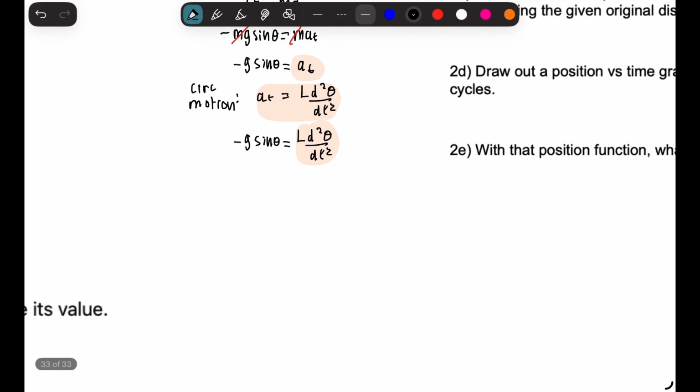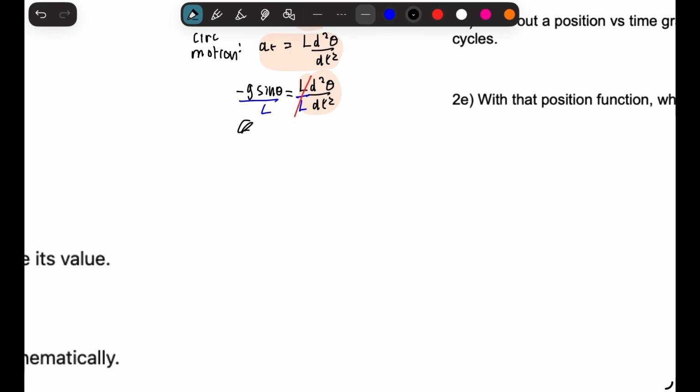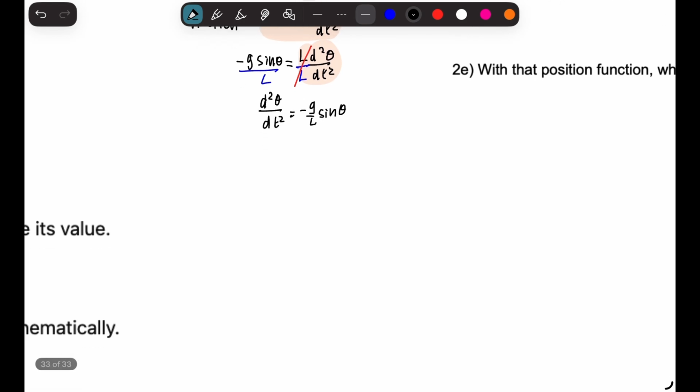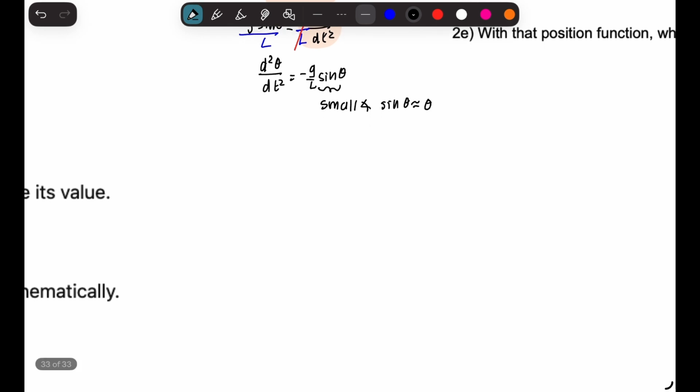After this, we can divide both sides by L. Since this is a small angle, sine theta is approximately theta, so your equation is just going to be the second derivative of theta.